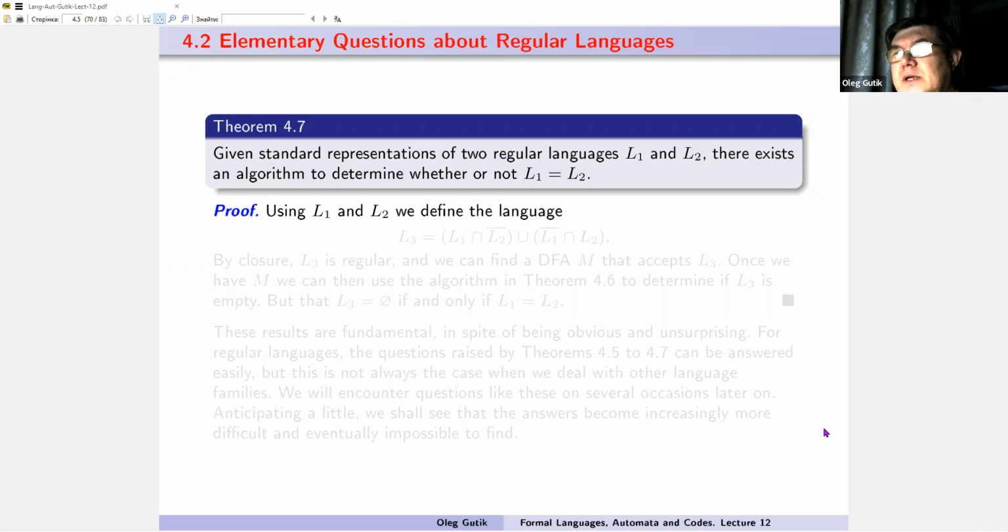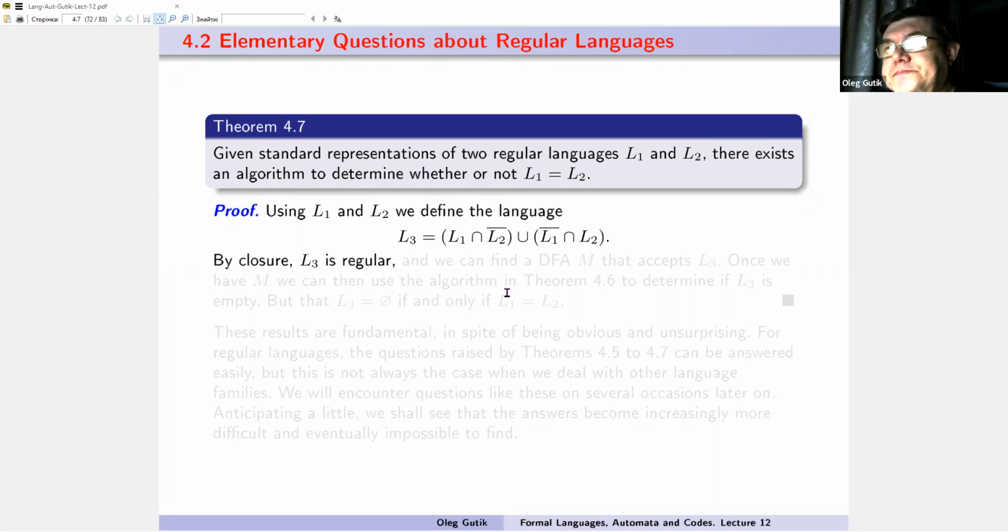Using L1 and L2, we define the language L3, which is equal to the union of the following sets: L1 intersect with the complement of L2, and the complement of L1 intersect with L2.